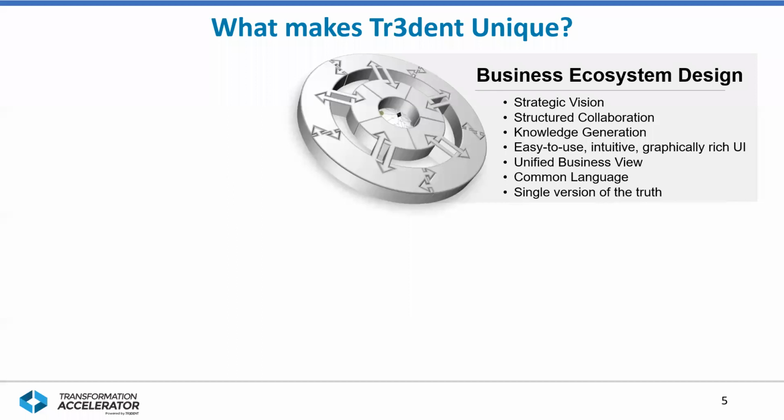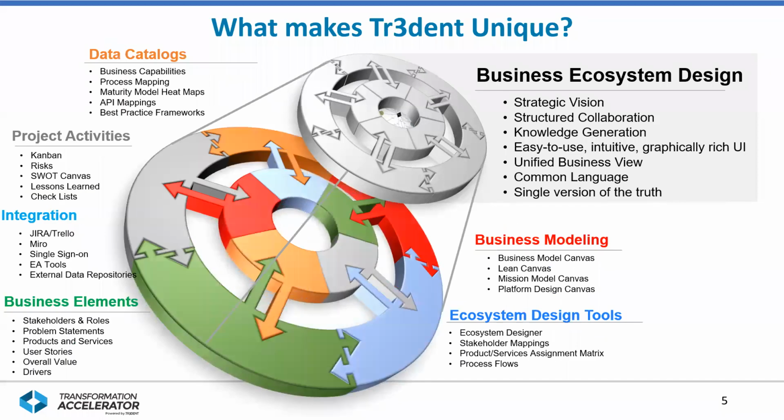So how do we do this? Well, we do this by providing a single platform that enables a large amount of information to come together. Our platform, Transformation Accelerator, contains a range of tools and capabilities that enable organizations and teams to do a multitude of different things, but in an integrated way.